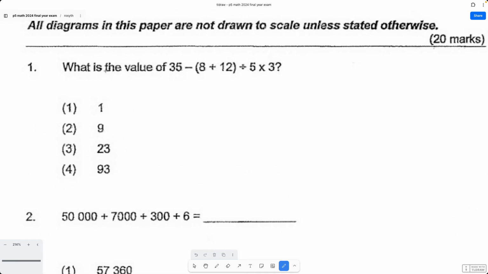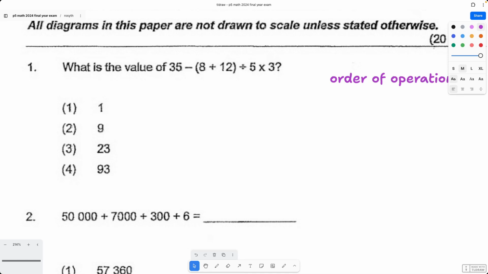Okay, first question says, what is the value of 35 minus (8 plus 12) divided by 5 times 3? So this is the order of operations. From left to right, what do you think we need to do first? The brackets, right?